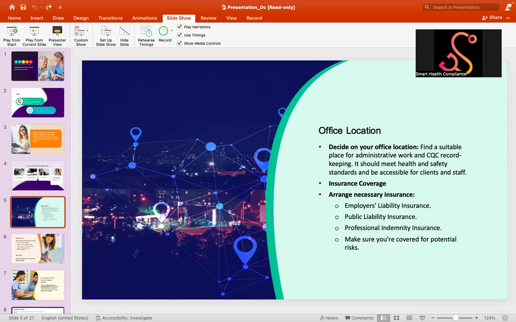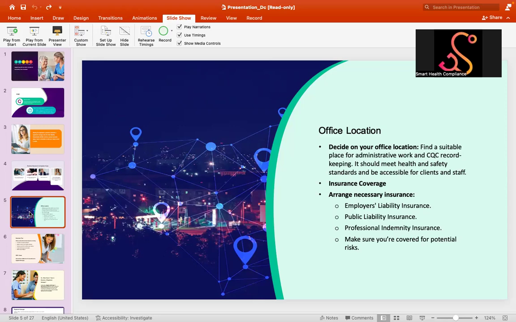So you need to decide and find a suitable place for your administrative work and your record keeping. So this could be where you store your care plans. It could be where you store your recruitment documents. It should meet the health and safety standards. And things that you should consider is that the office location is secure, that you have CCTV, that nobody has access to any confidential data.